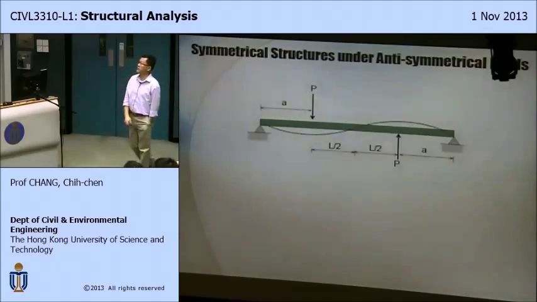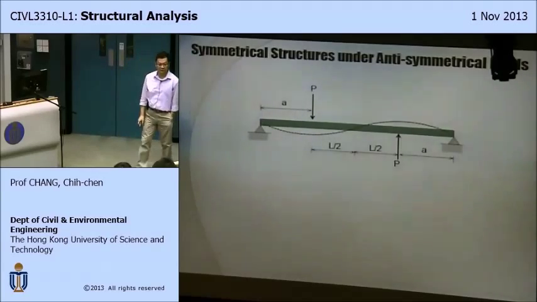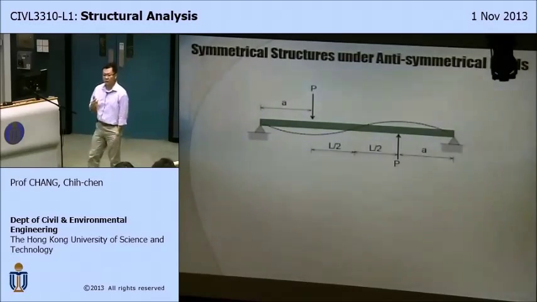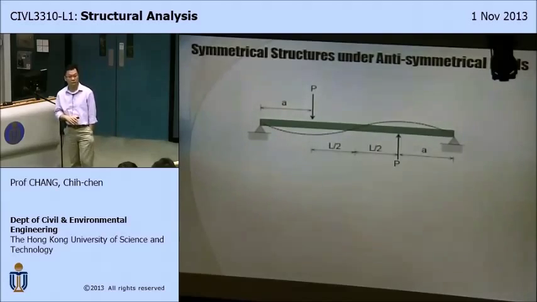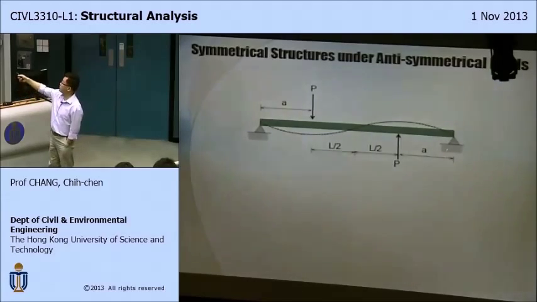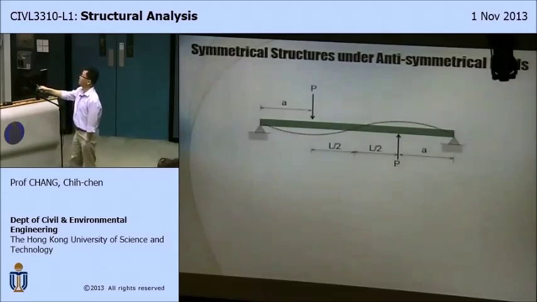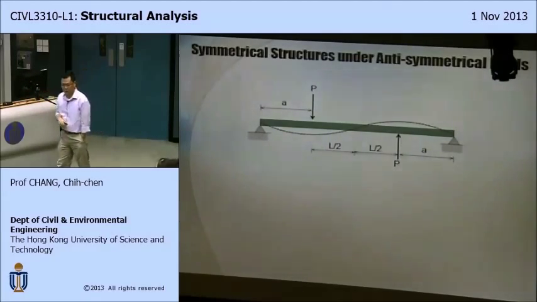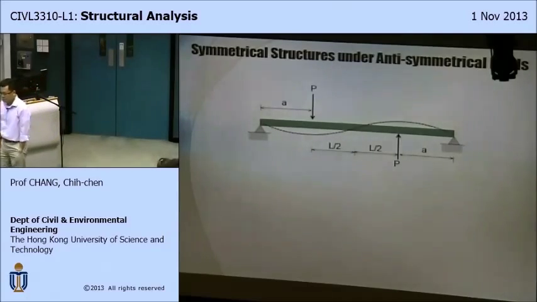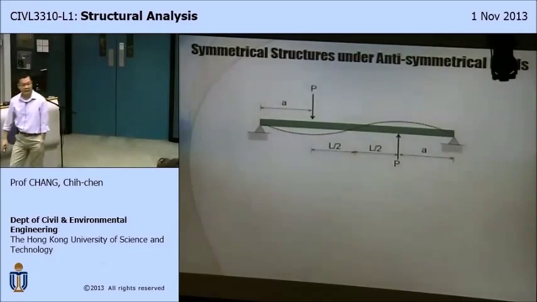You can imagine that the deformation will go something like this. The deformations will be anti-symmetrical. Yeah? The structure is symmetrical, but the loading is anti-symmetrical. So can you anticipate that the deformation will be anti-symmetrical? You flip the structure 180 degrees, change sign, the deformation should be exactly the same. So the deformation is anti-symmetrical.